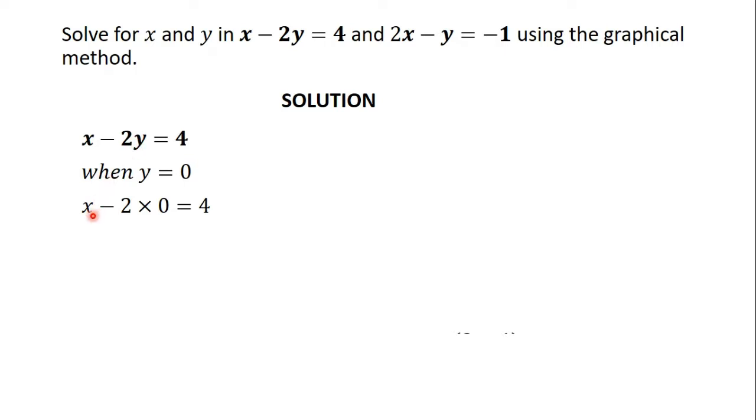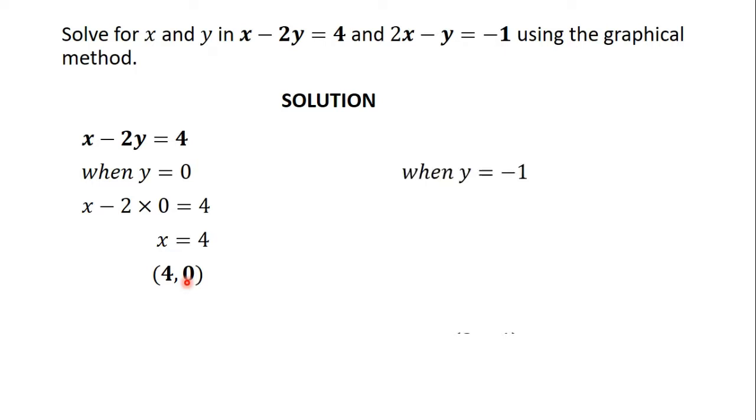So I'm going to have x minus 2 times 0 is equal to 4. 2 times 0 is 0, so x will be equal to 4. What this means is that when y is equal to 0, x is equal to 4. So I have found my first coordinate, or my first point, which is (4, 0). So I found 1 point that falls on the line.